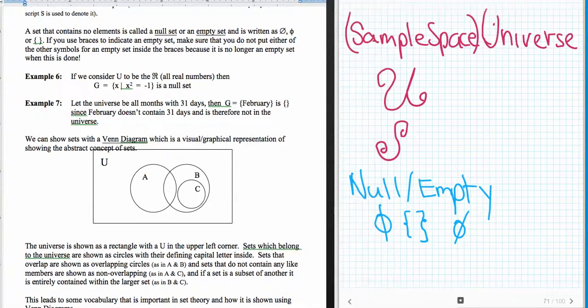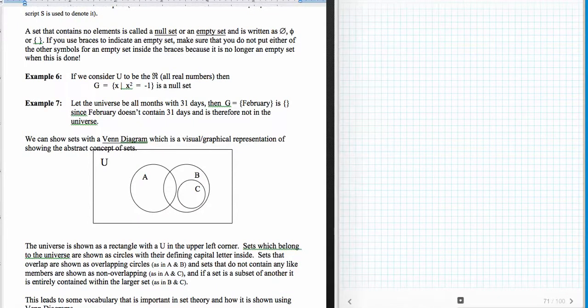So let's go ahead and write down some symbols here so you remember, because I will use these symbols when I talk about statistics and I talk about the probabilities of things. So if I say A intersects B, this is the intersection of the two sets.